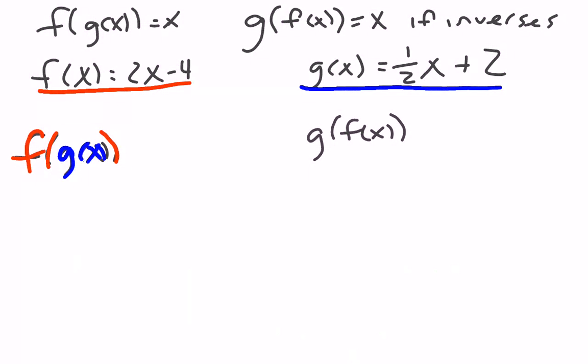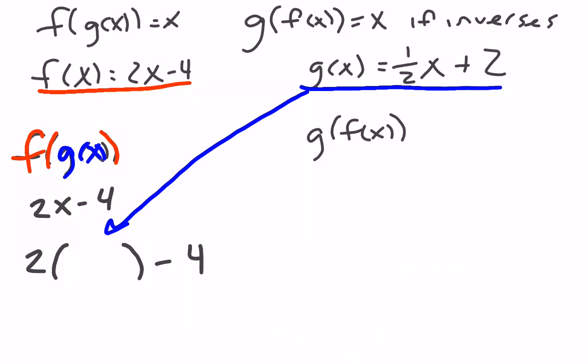So my original equation is 2x minus 4. But I want to think of it as 2 times something minus 4. That's all that x means, is something. It's just representing kind of a space. And now in that space, I'm going to put g of x. So let me make my pen a little bit smaller. 1/2 x plus 2.